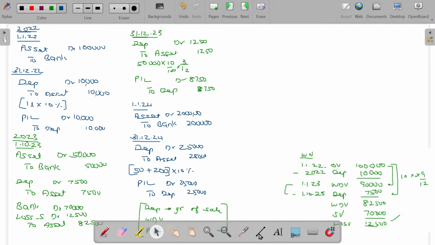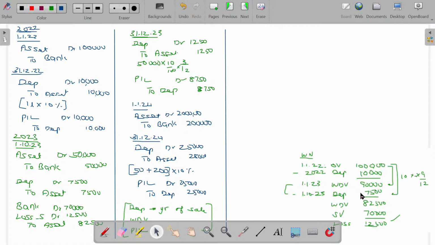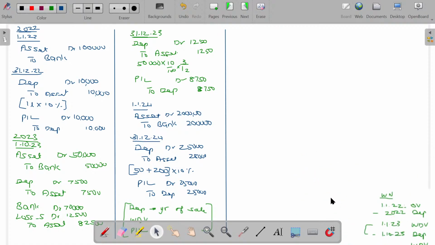Now I will post that into the ledger. I'll post that to the ledger.